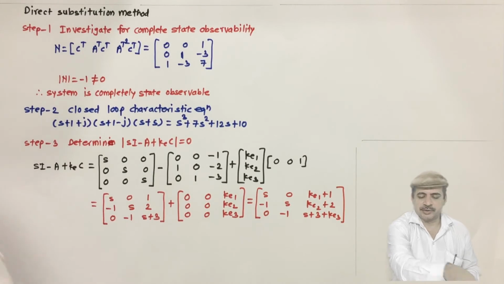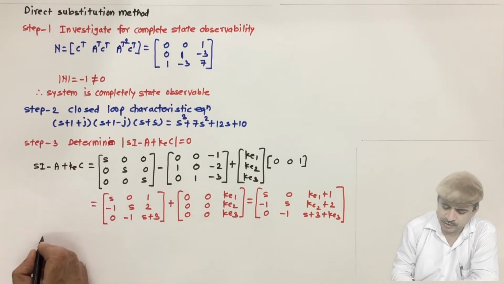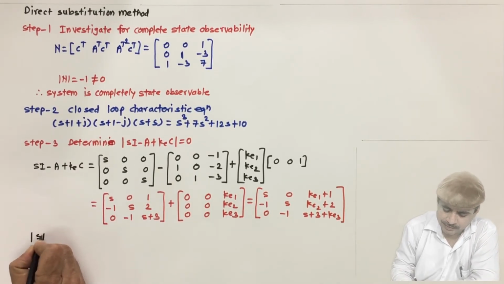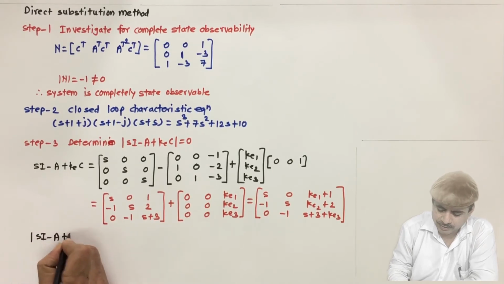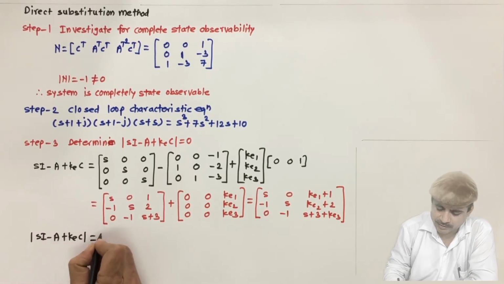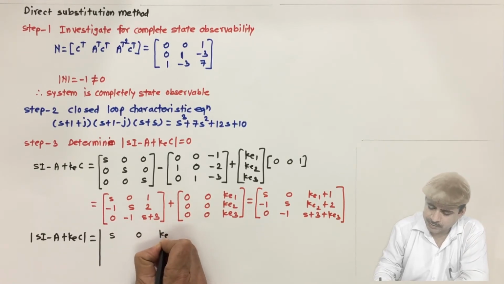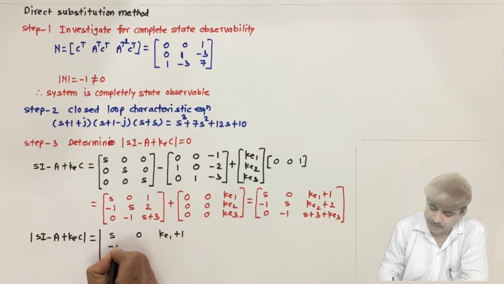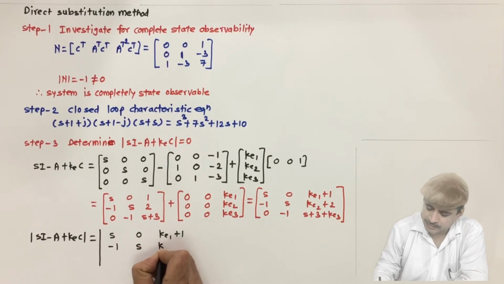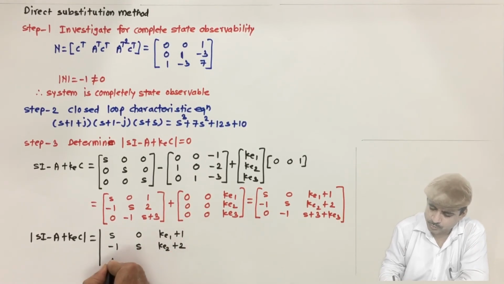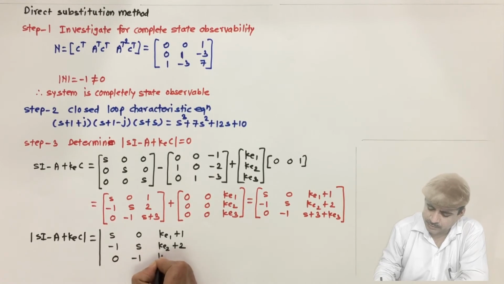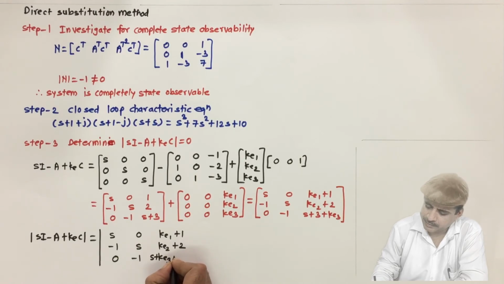And let us solve this determinant. Determinant for this matrix SI minus A plus KEC is equal to S 0 KE1 plus 1, minus 1 S KE2 plus 2, 0 minus 1 S plus KE3 plus 3.